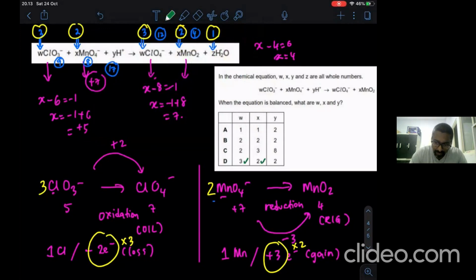If this is 1, so the hydrogen wise, that's 2. So this one will be 2. So 2. The answer is going to be D. So I hope you can understand the way we do this method. Hopefully, you can actually apply this method on your calculation involving balancing equations using the oxidation number.